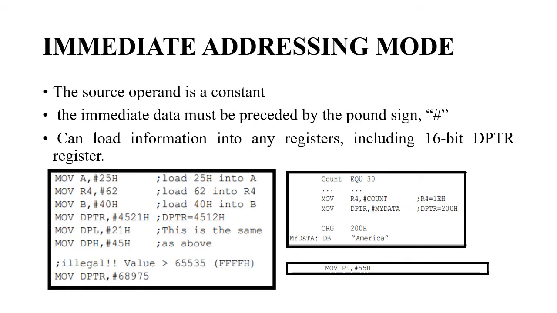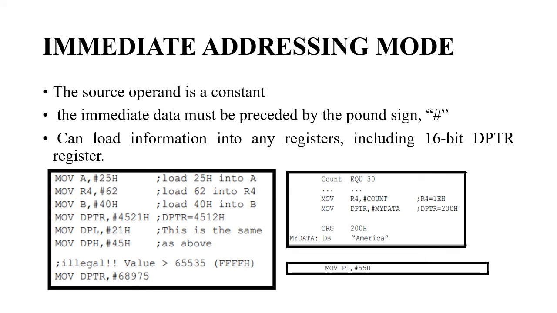In this particular slide, we will be discussing the immediate addressing mode. In case of immediate addressing mode, the number that represents the source operand is directly loaded into the destination register.